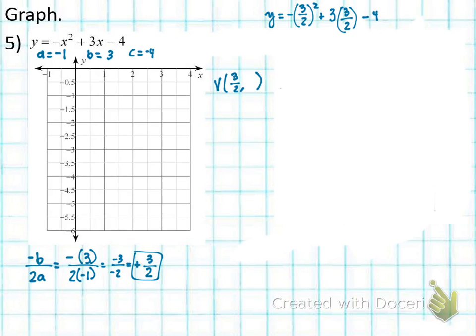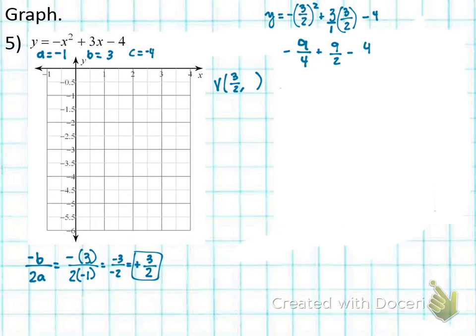So 3 halves squared I know is 9 fourths, because 3 times 3 is 9 and 2 times 2 is 4, and we have a negative sign in the front, plus 3 times 3 halves is like saying 3 over 1 times 3 halves, which is just like saying 3 times 3 is 9, 1 times 2 is 2, minus 4.